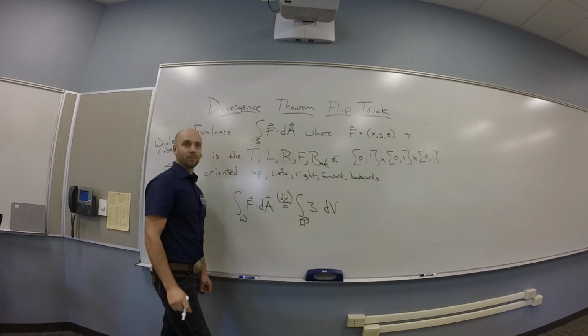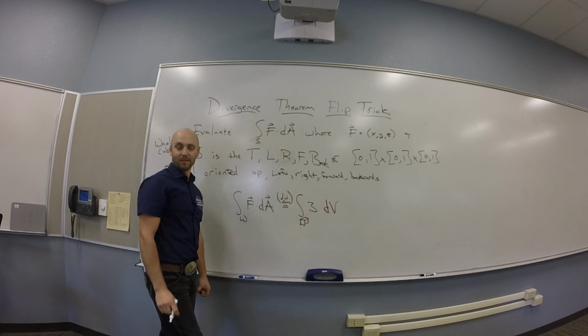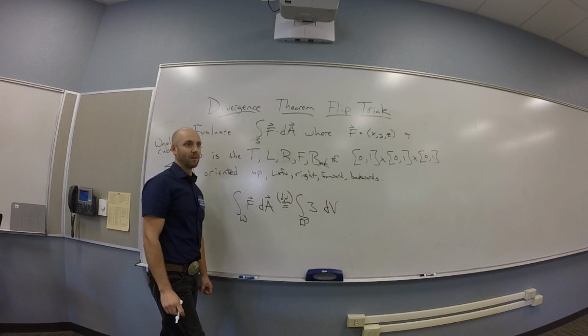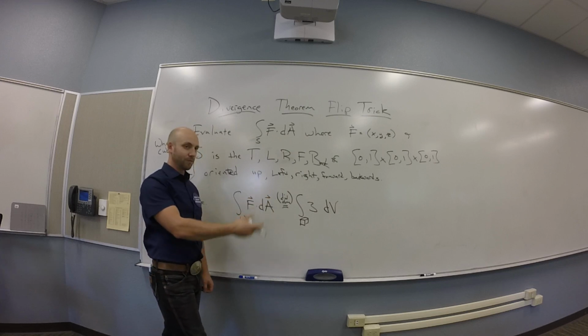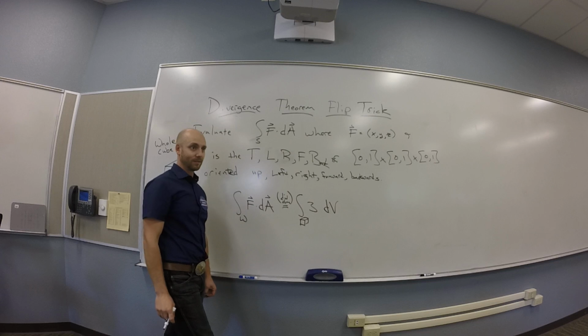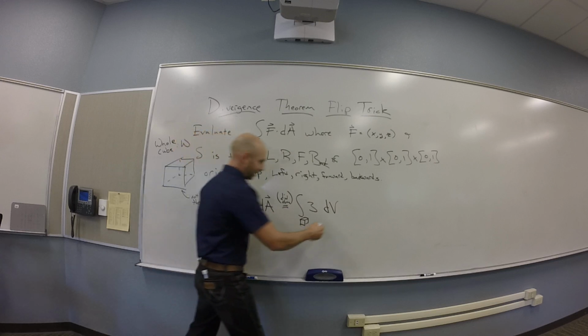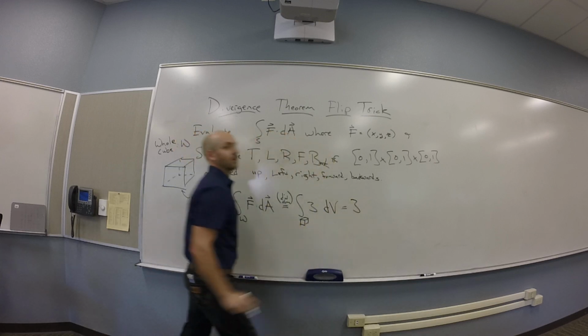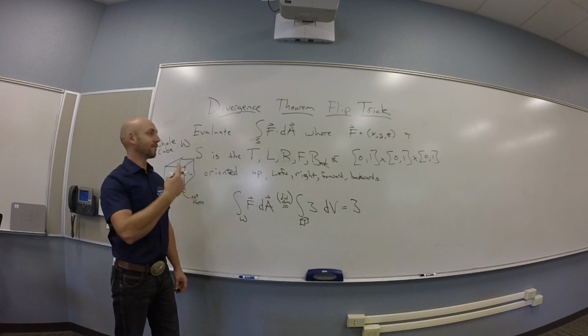But it's a freaking cube, and it's a unit cube, 1 by 1 by 1. When you integrate a constant function over a unit cube, you get the same constant. Okay, so is the answer 3?